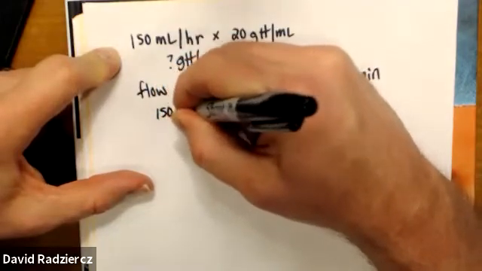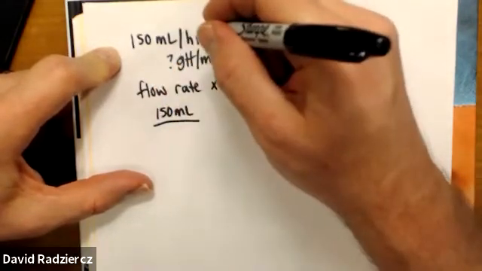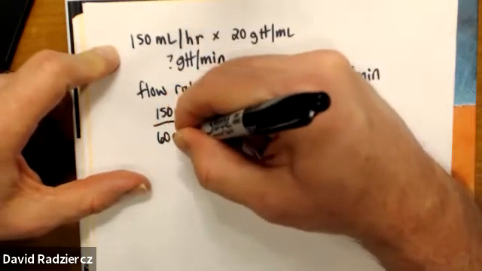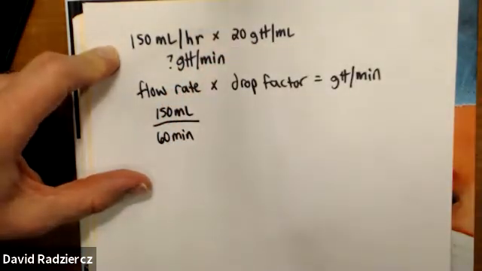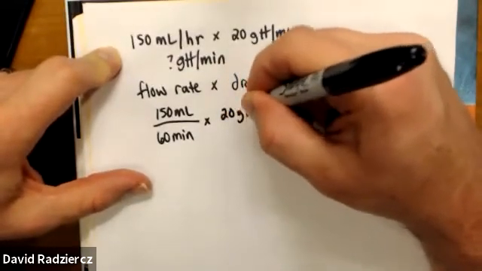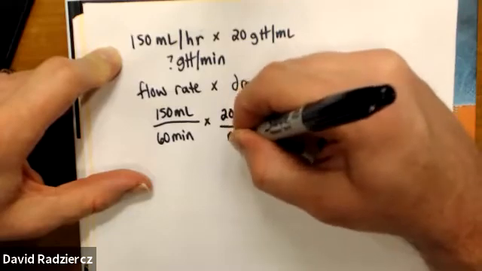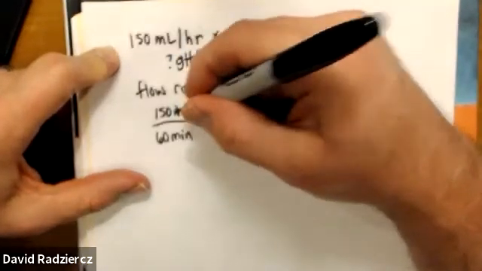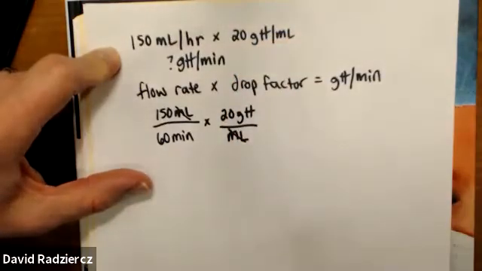150 milliliters. Now it says per hour. I think we all know that 1 hour is the same thing as 60 minutes. Times the drop factor, which is 20 drops per milliliter. And at this point, we'll know we have set this up because we can eliminate milliliters.